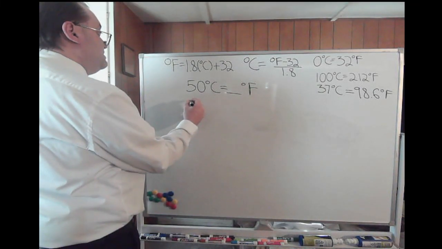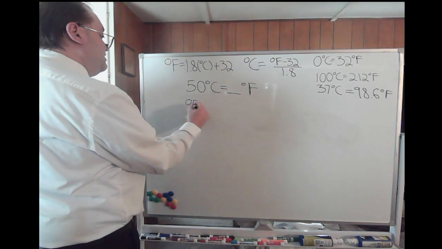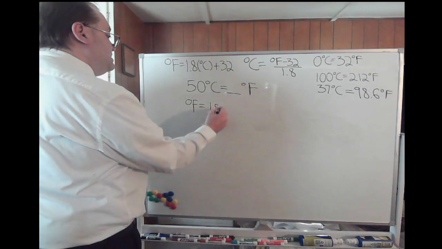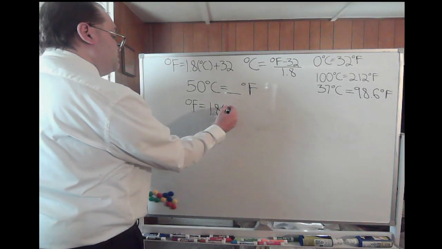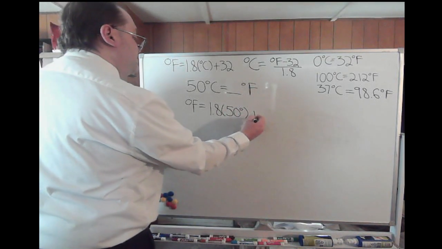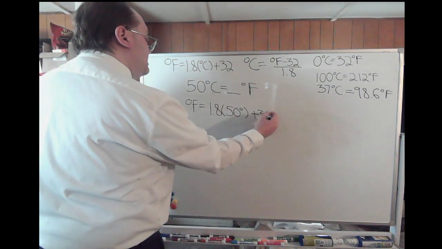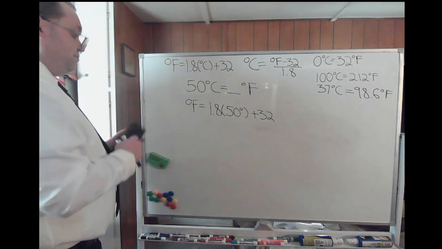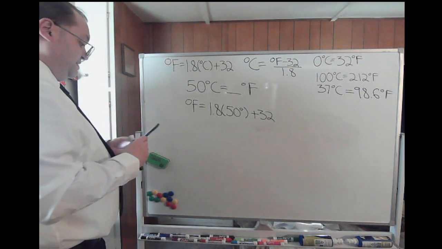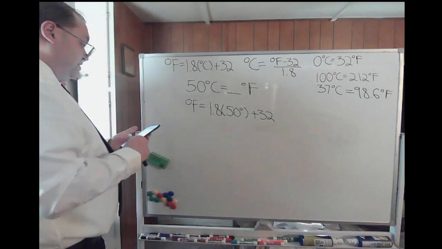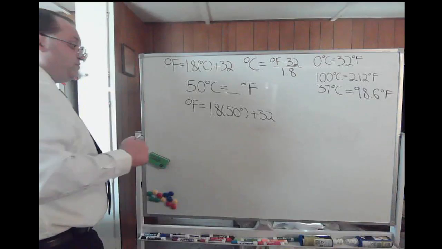So once again, to get your degrees Fahrenheit, you're going to put 1.8 times your degrees Celsius, which is 50 degrees. Then you're going to add 32 to that. So now we got to take 1.8 times 50, which would be 90.